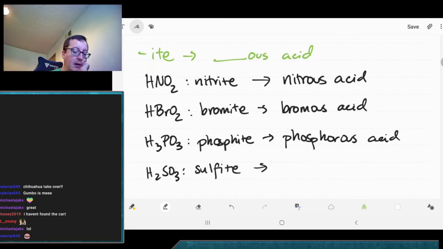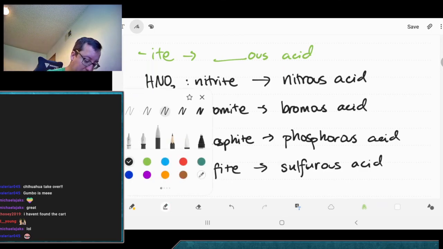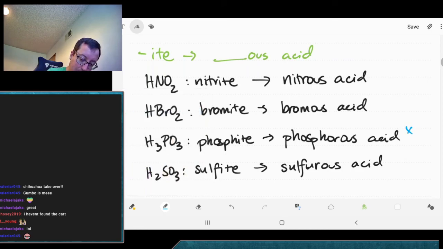They actually will keep one of their syllables. So these two are kind of special. It's not sulfous acid and phosphous acid. For whatever reason, these guys are special. So I'll just put a little asterisk on them. But that's what we would call those. All the other ites, though, follow the same pattern where you just take out the ite and put -ous acid. So nitrite, we got rid of ite. Nitr is left. -ous acid, nitrous acid.